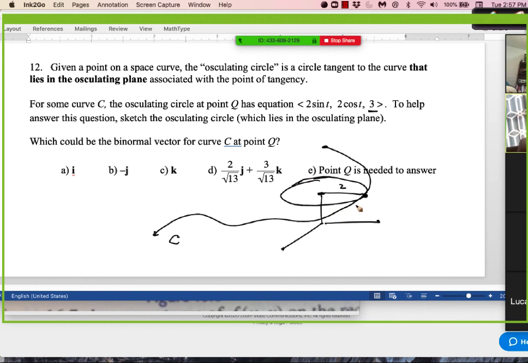If you were to take a little bit of the arc, it's the plane that arc is in at that moment. So our osculating plane in this case is a horizontal plane at z equals 3. And the binormal vector, remember, was orthogonal to the osculating plane.